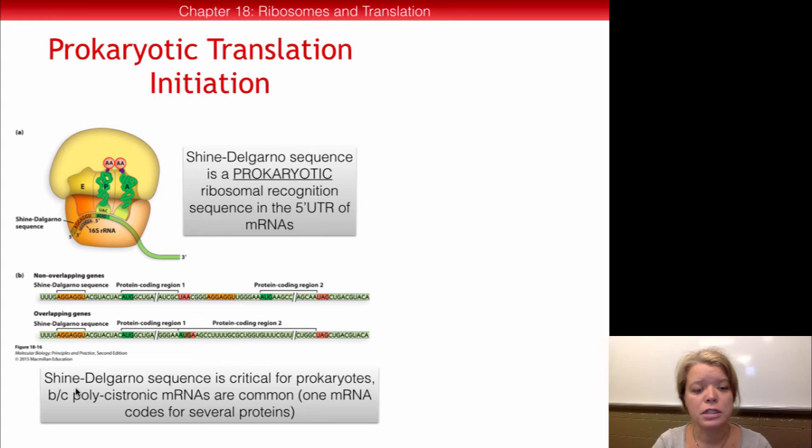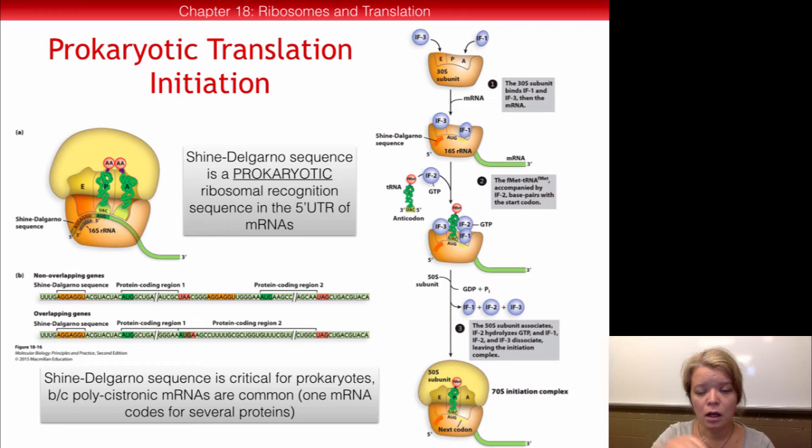The Shine-Dalgarno sequence helps to set the frame of translation in bacteria, because bacteria are notorious for putting multiple proteins onto the same mRNA message, something that eukaryotes rarely do. And here is the description of the prokaryotic translation initiation process.